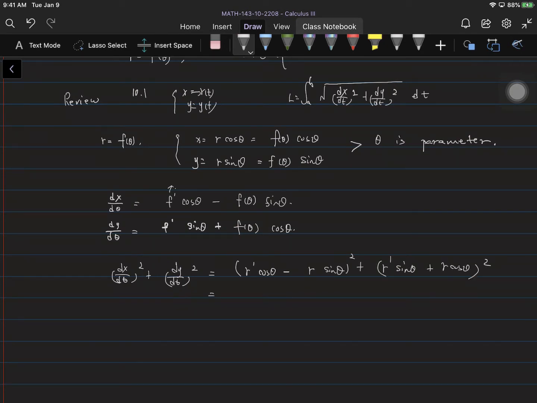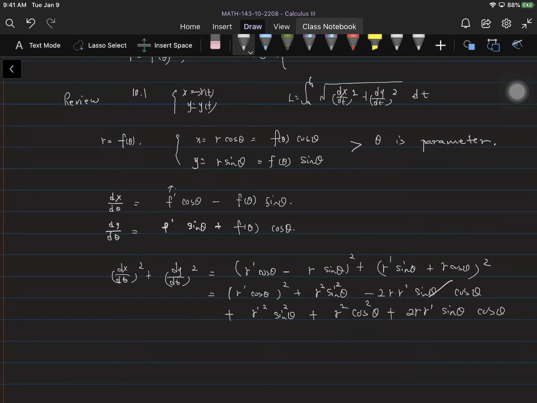After we simplify, we can cancel a lot of things. So r prime squared cosine squared theta plus r squared sine squared theta minus 2r prime r sine theta cosine theta, and then plus r prime squared sine squared theta plus r squared cosine squared theta, and plus 2 r prime r sine theta cosine theta.